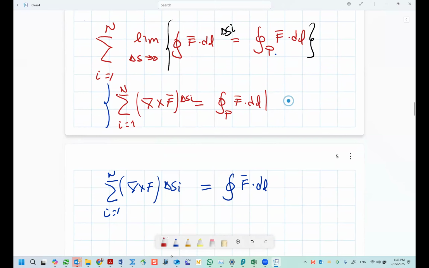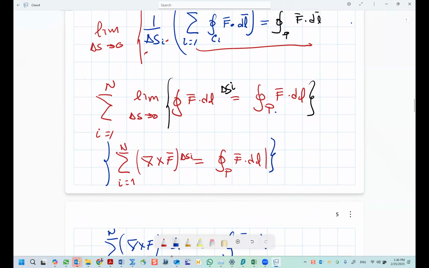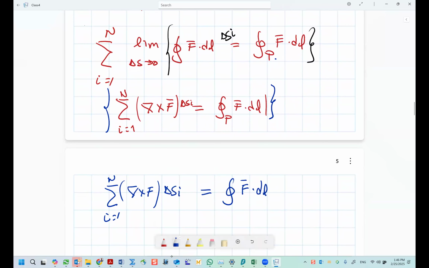And that's it. And divided by delta Si. Here, it's missing one over delta S, like here, in the second step. The limit of one over delta Si, yes. So let me move this a bit here. And here is 1 by delta Si. Exactly.